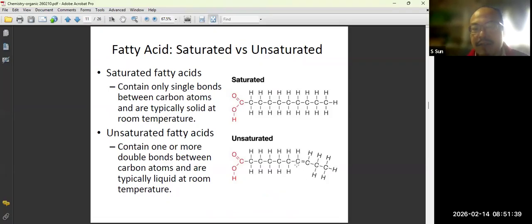So this is more like vegetable oil, liquid-like at room temperature. And saturated fatty acids, because they are more organized, can be more packed together, so they appear more like a solid form of lipid, like animal fat, like butter.